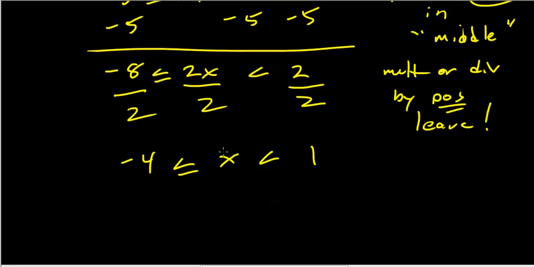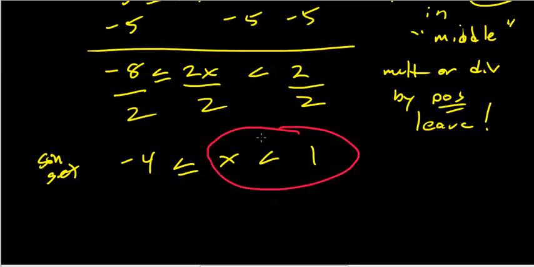Alright, so I can read this as two inequality statements in one. Solution set. Well, I know that is all x values, all values on the number line that are less than 1, meaning left of 1.